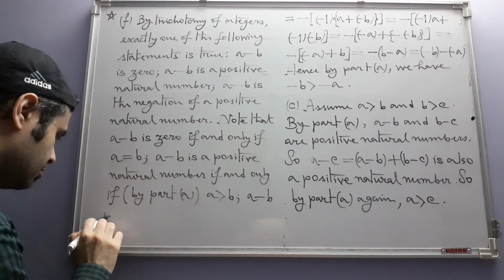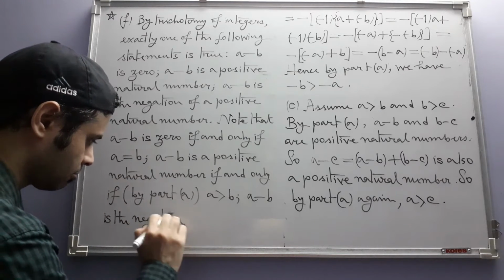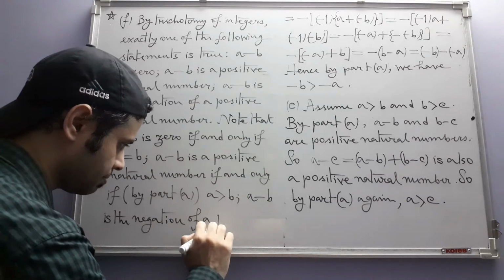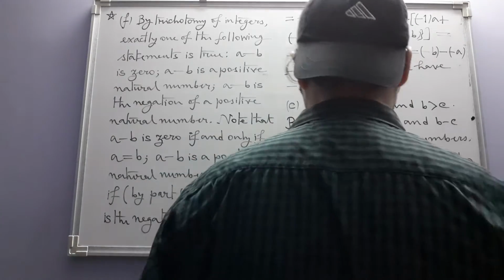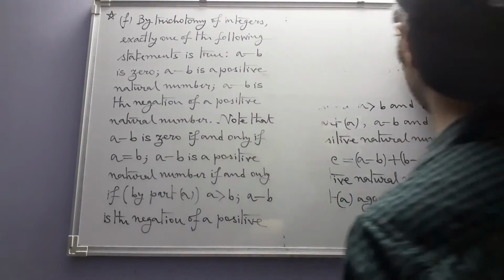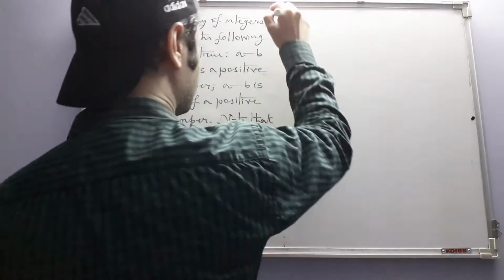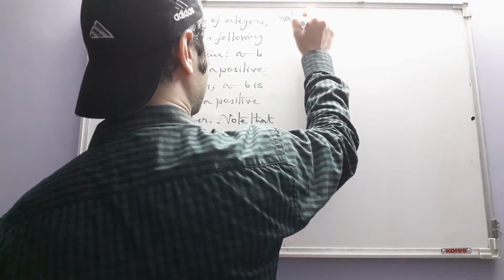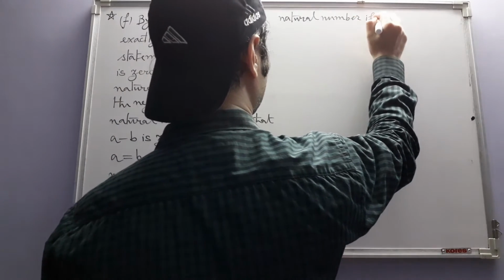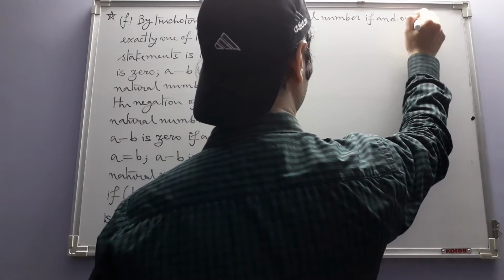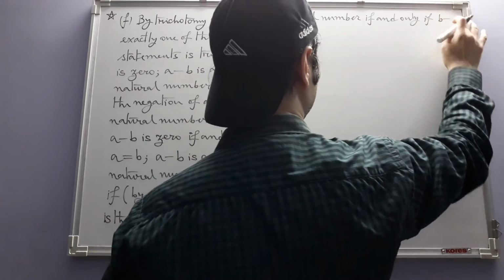Finally, A minus B is the negation of a positive natural number if and only if B minus A is a positive natural number.